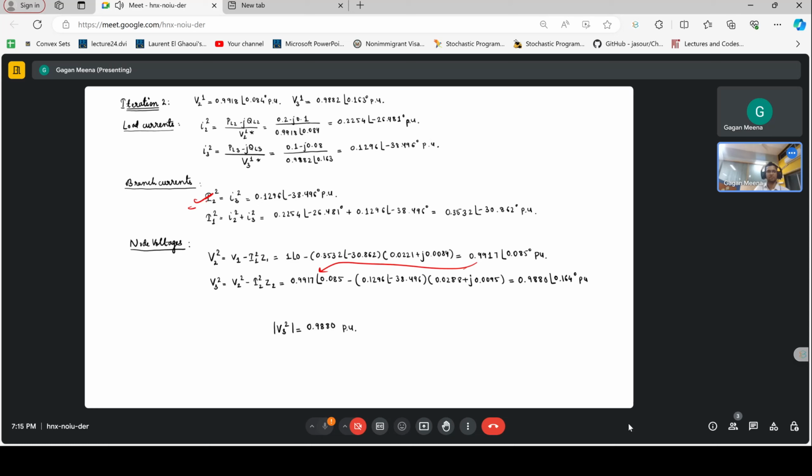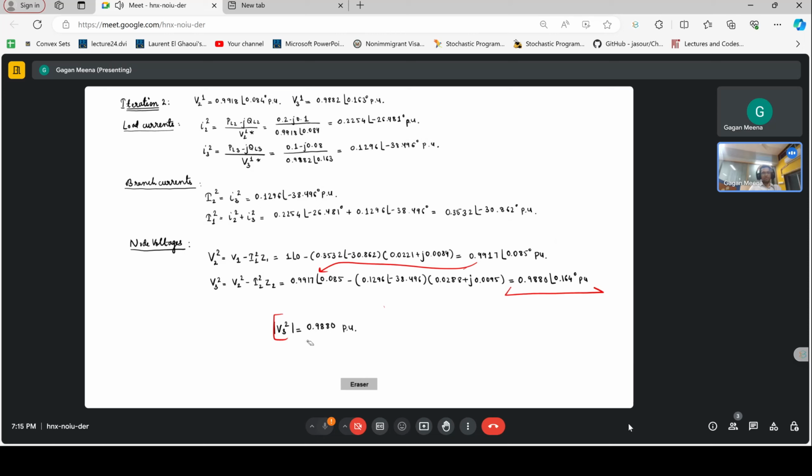And the next question is based upon method 2. Here only the magnitude is known but the angle is not known. Line data and load data is given.